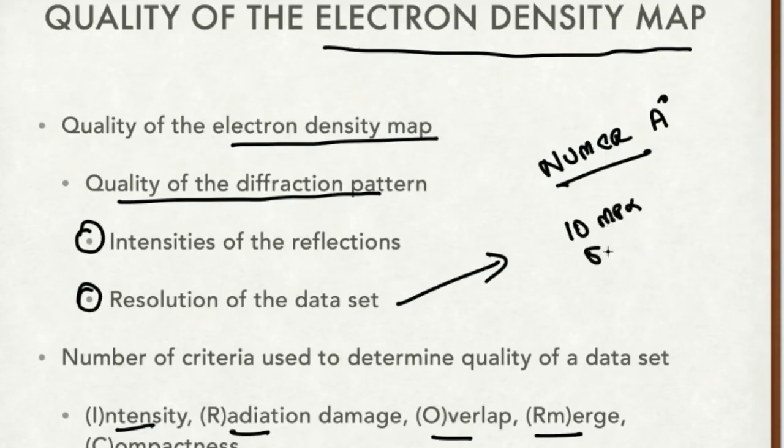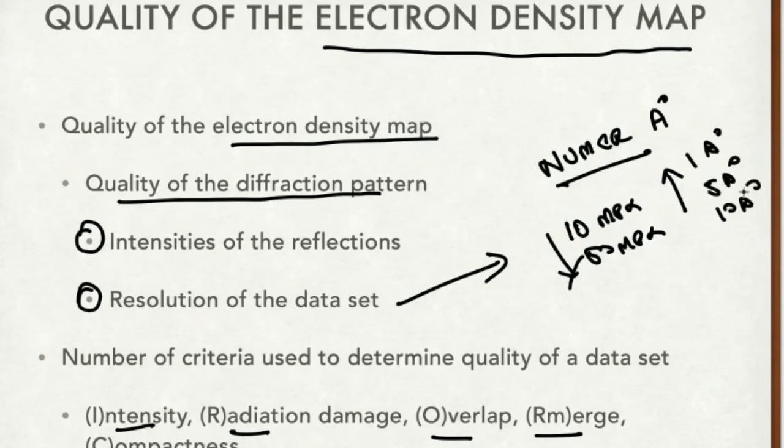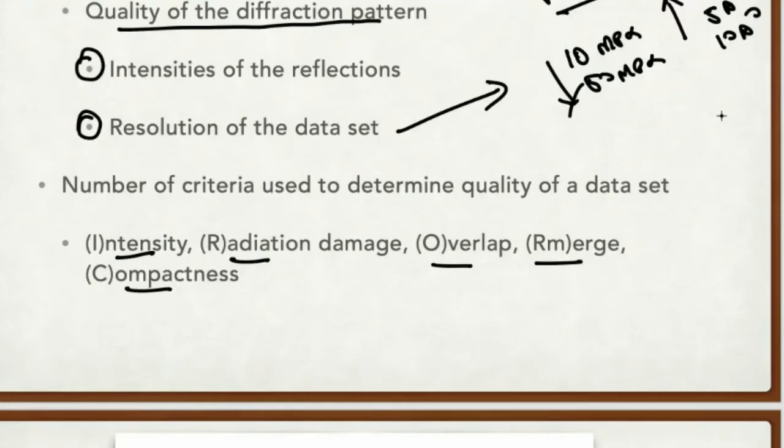If the number increases, the quality of the image increases. Just opposite to that, if the number decreases, say 1 angstrom, here not megapixel but angstrom, say 5 angstrom, 10 angstrom, if the number is less, then that is the best or a good resolution, right?